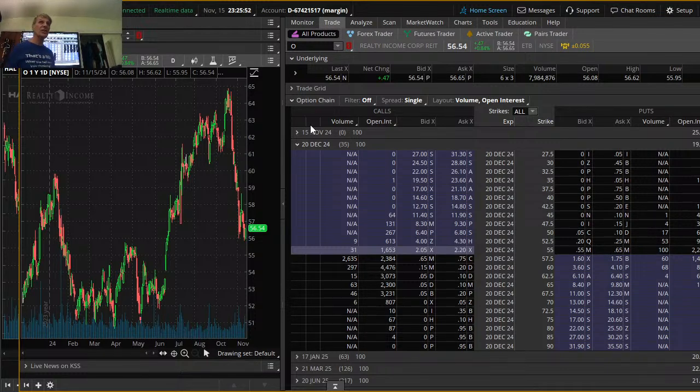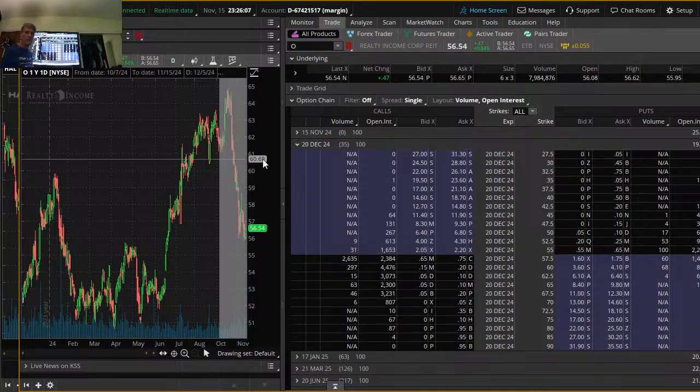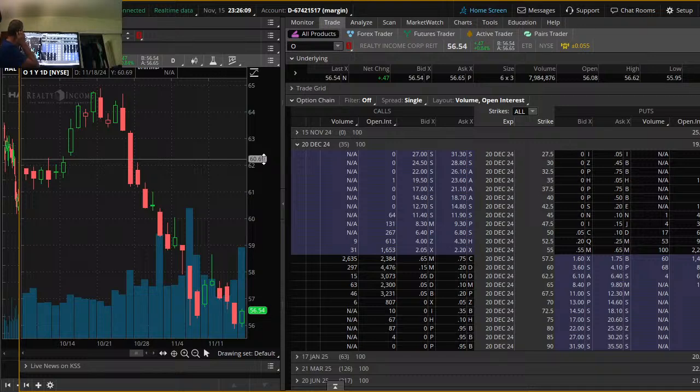The other challenge I have with monthlies is now you have 35 days. That's 5 weeks. Five weeks to figure out where it is going to go from here. So 1, 2, 3, 4, 5.